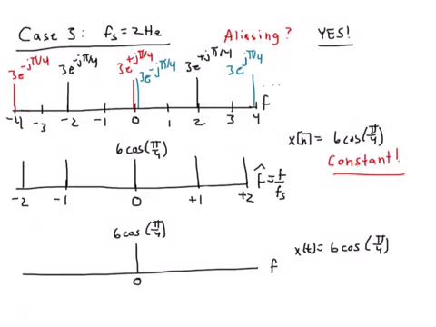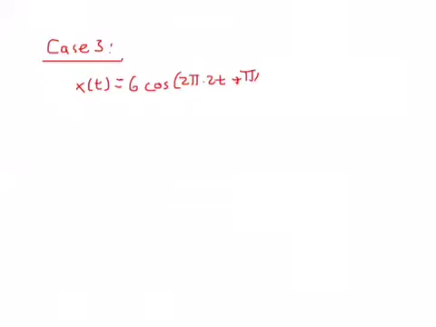Remember, this is a cosine. The signal we're sampling is a cosine, 6 cosine 2 pi 2t plus pi over 4. Let's sketch this out on the next page. So this is still case 3. x of t was 6 cosine 2 pi 2t plus pi over 4.